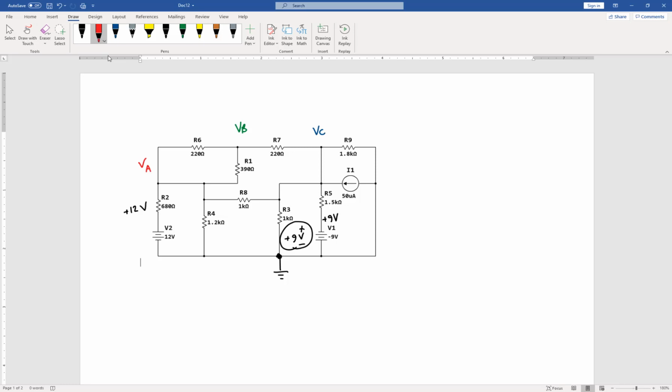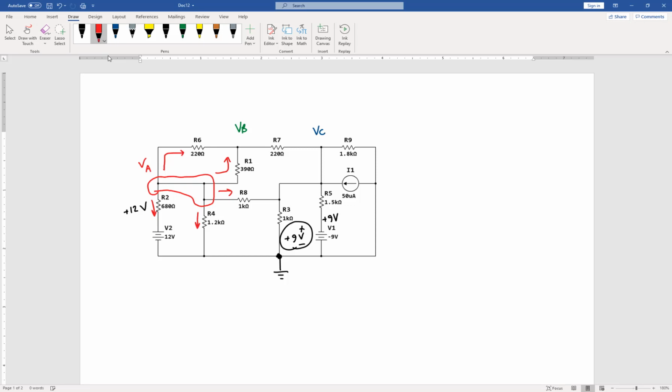Right, so remember, I like to assume all of the currents are leaving the node. So let's see how many currents there are leaving that node. We have one going up, one going down, another one going down, one going to the right, and one going up through R1.